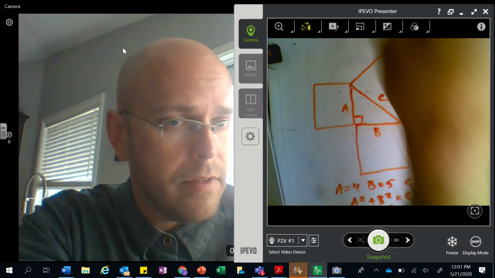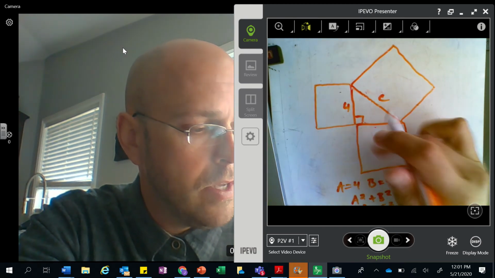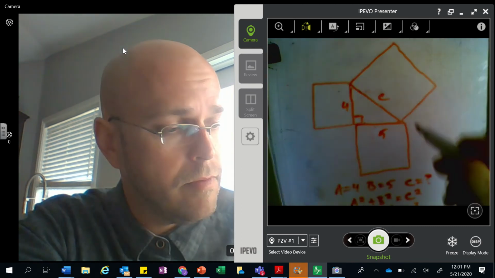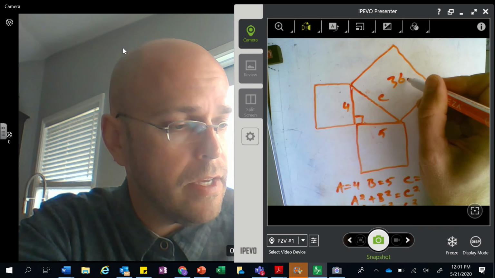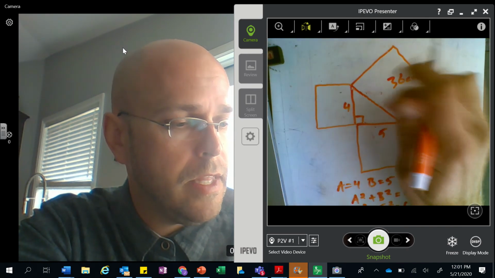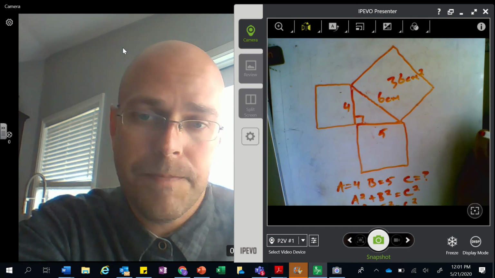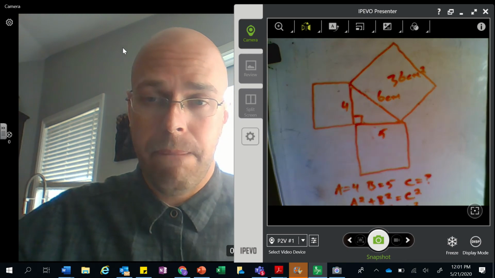So what we've found is that when A is 4 and B is 5, since we know that A squared plus B squared equals C squared, we found C squared was 36. And if the area of this, it will say centimeters, is 36, then C, the length of one side, would equal 6.